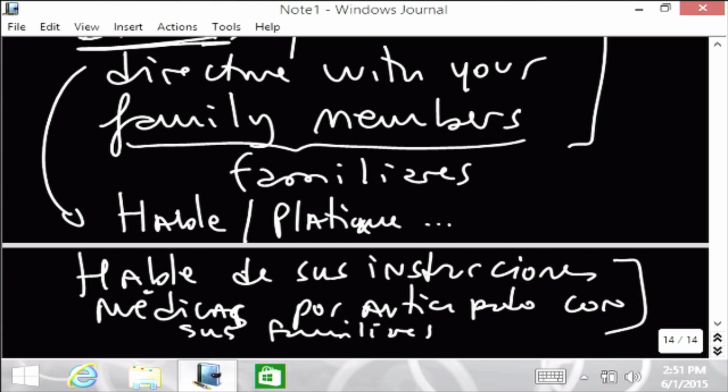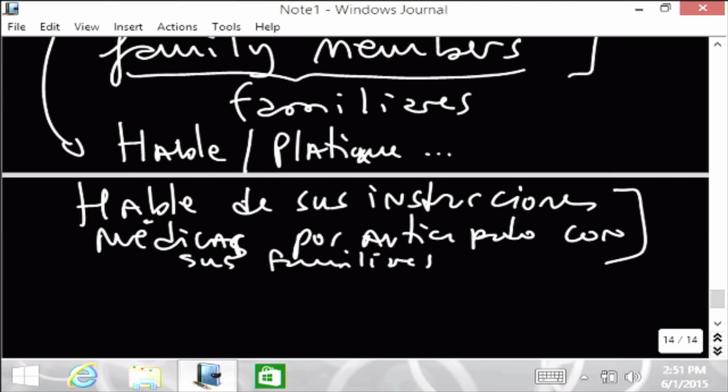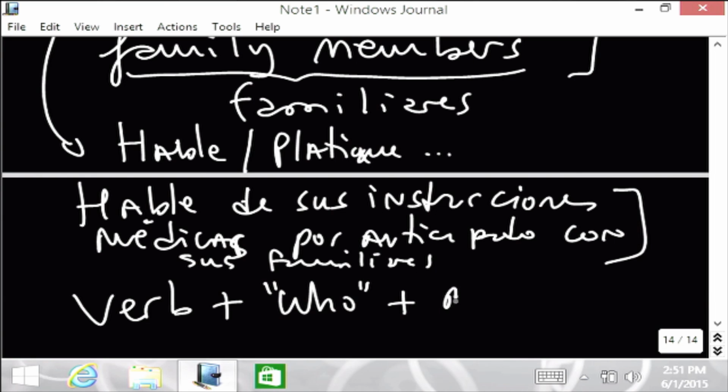So what we're trying to do is to restructure this in such a way that it sounds more common, more normal in Spanish. And usually we say familiares acerca de sus instrucciones médicas por adelantado. So the rule is el verbo plus the people that you're referring to, plus the rest.